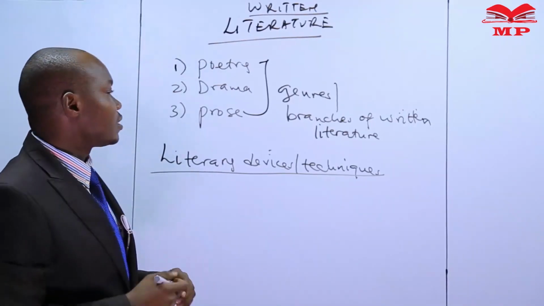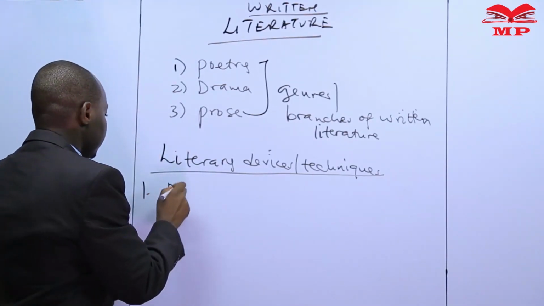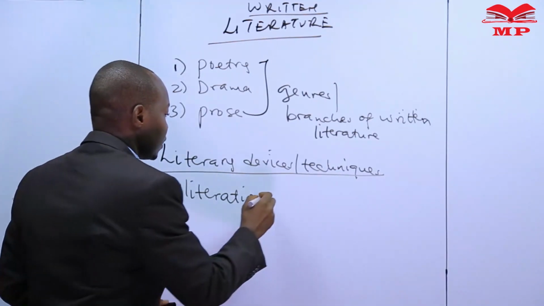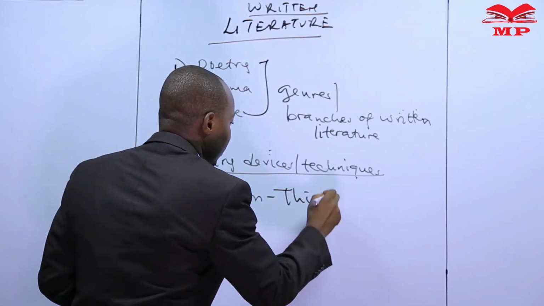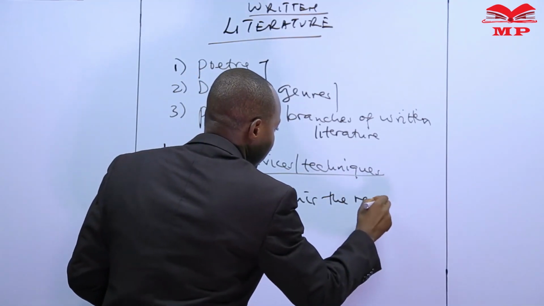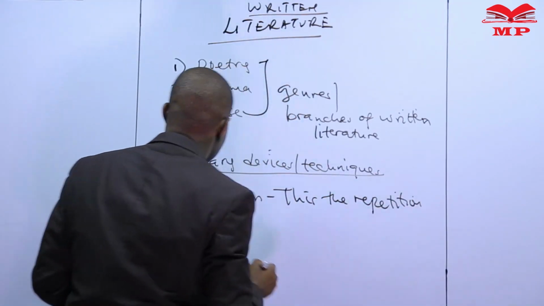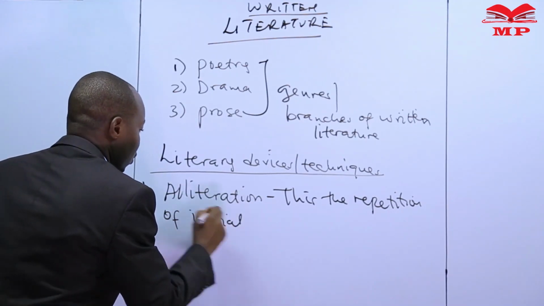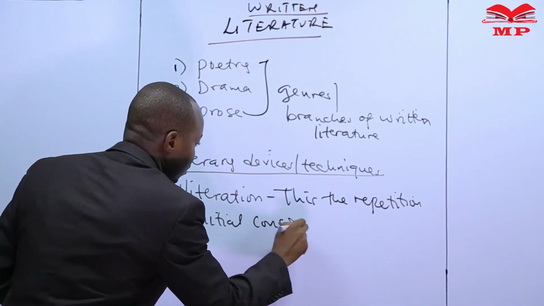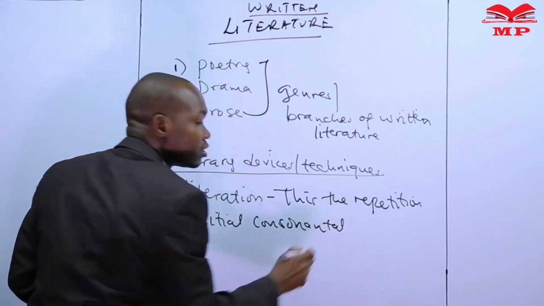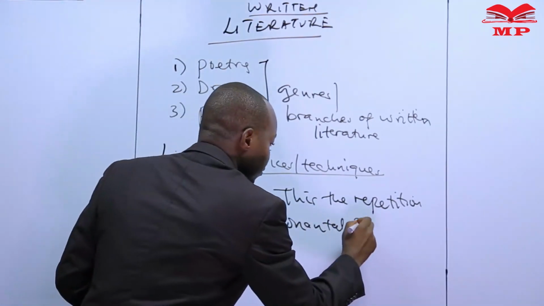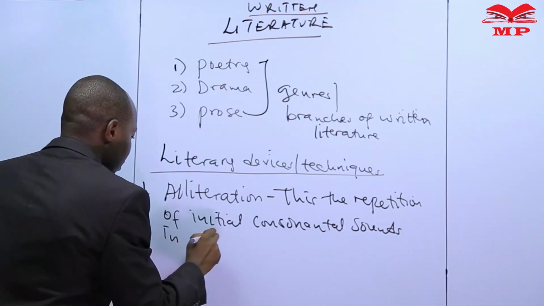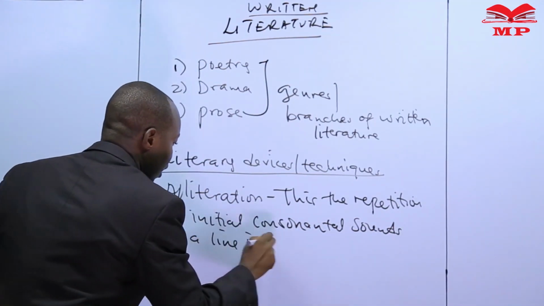The first term is alliteration. Alliteration is defined as the repetition of initial consonantal sounds in a line in a poem.